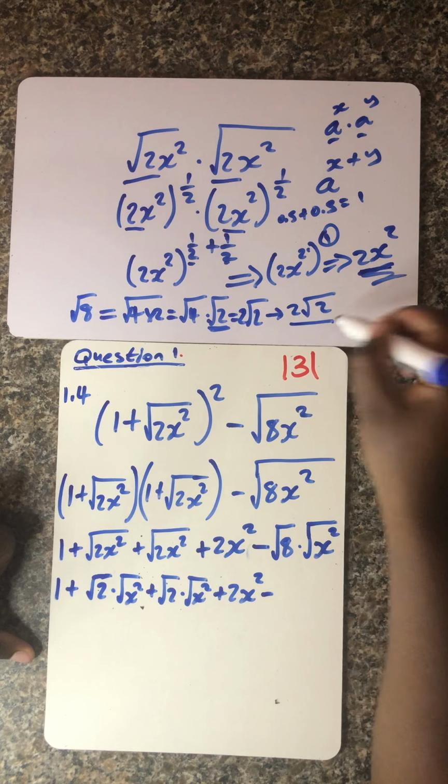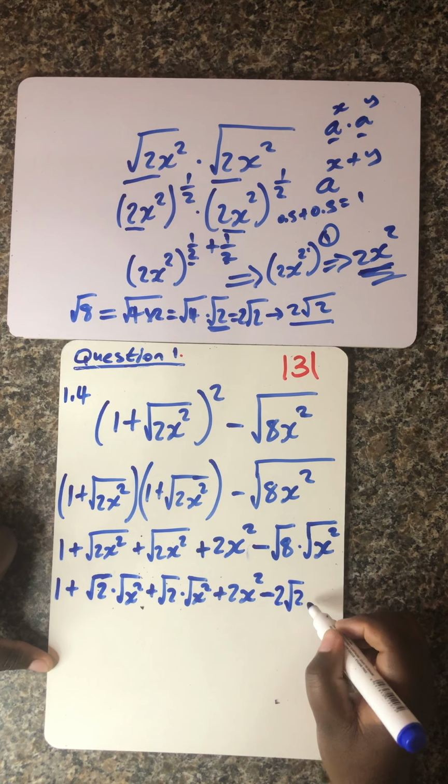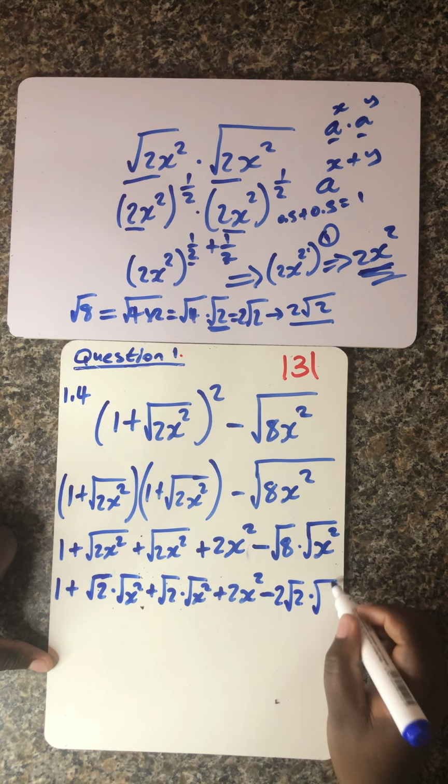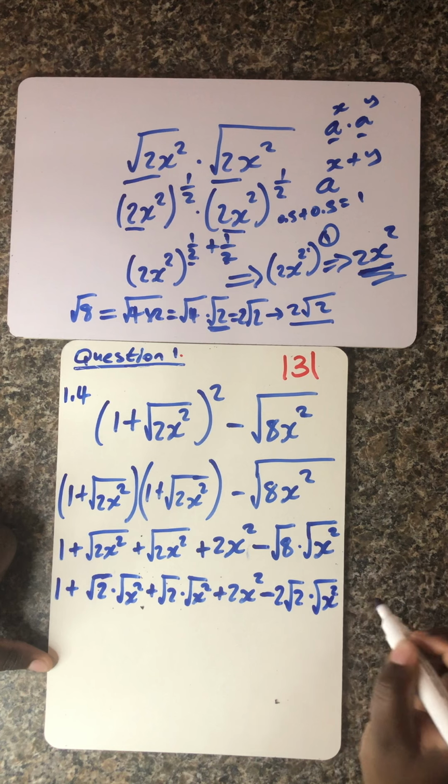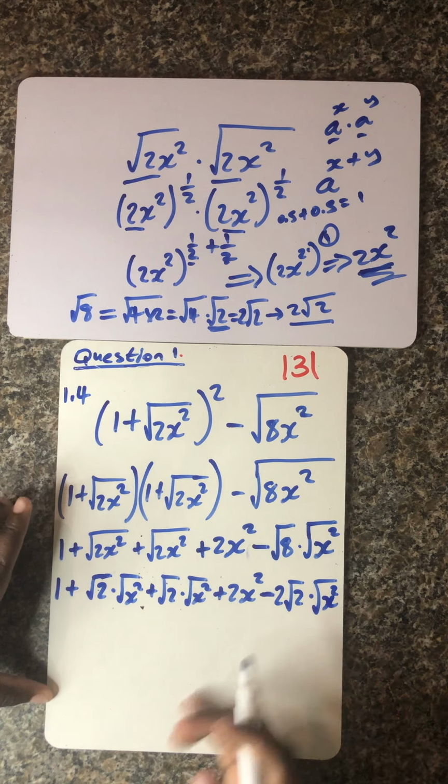That's why here, after saying minus, I can say 2 square root of 2 multiplied by that square root of x squared. Very much important that you realize and understand what I'm doing over there.